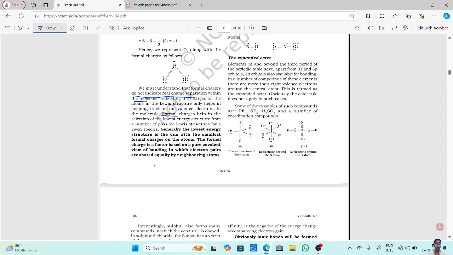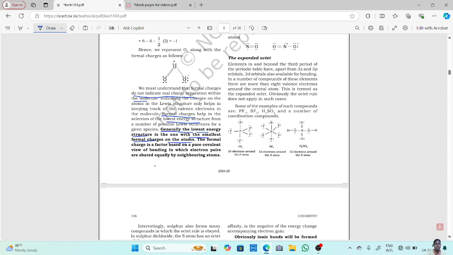There are various structures for each molecule, and formal charges help you select the one with the lowest energy. Generally, the lowest energy structure is the one with the smallest formal charge on the atoms.